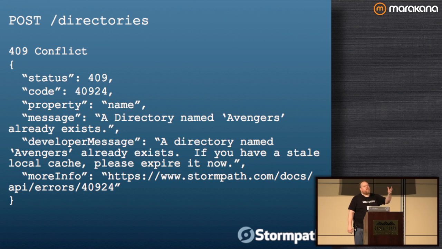And that's really nice from a usability perspective for your customers because that's just that much less work that they have to do in order to show their users some meaningful information. So if they just take that and relay it to the user, they don't have to take this very developer-specific message and convert it to something that the user can understand. You can give them meaningful information right away.